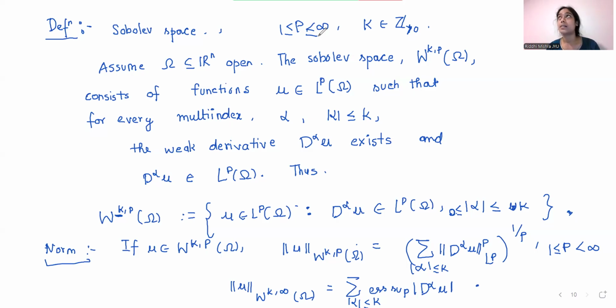I can modify your question a little bit. If I drop the LP integrability of the function, then we have the notion of homogeneous Sobolev space. For domains like balls with a smooth boundary or ellipsoidal boundary, WKP is the same as LKP, the homogeneous Sobolev space.